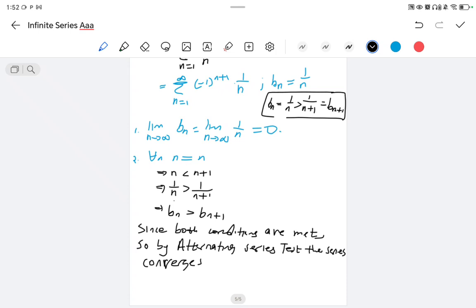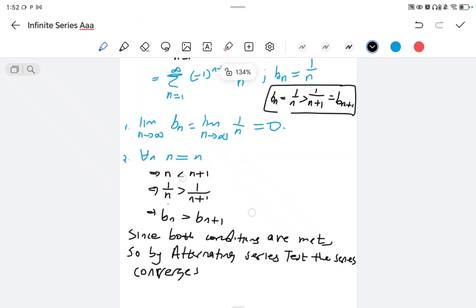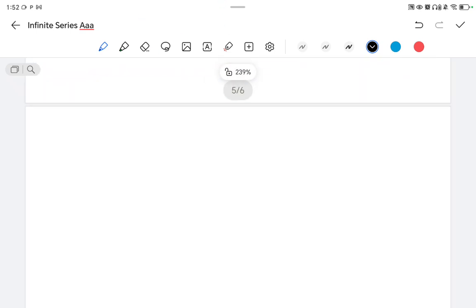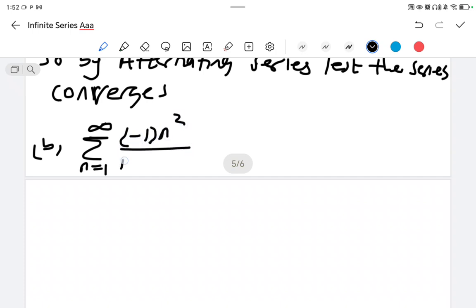Then now let's come to the second question. Now, when we come to the second question, we have the summation from 1 of minus 1 to the n squared over n squared plus 5.